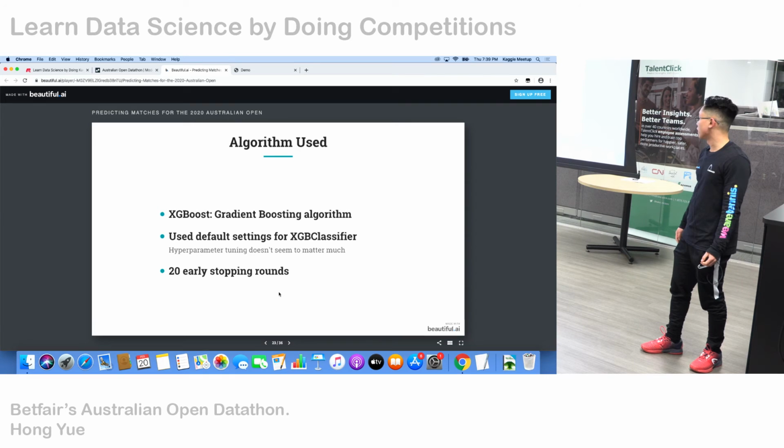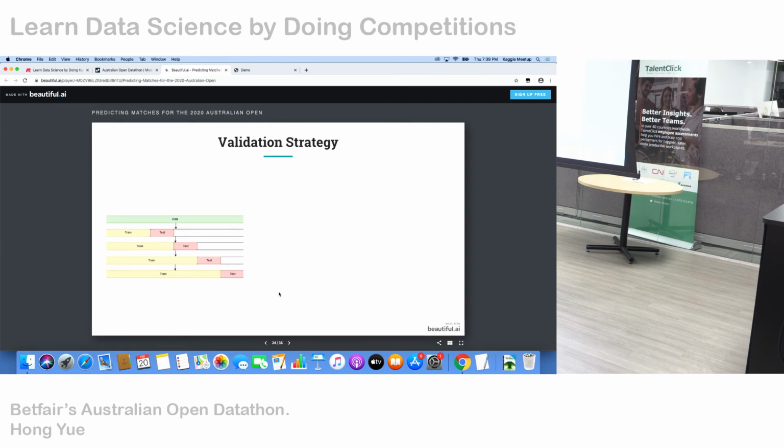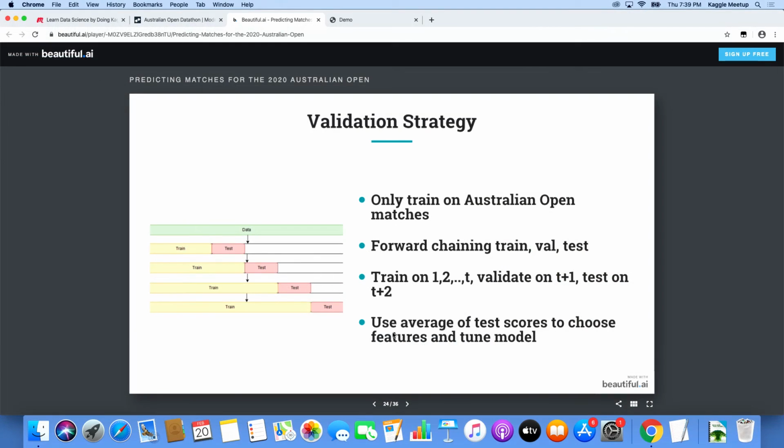I also used 20 rounds for early stopping. In terms of validation strategy, we are only going to train on the Australian Open matches. We'll aggregate statistics from the previous hard court matches, like in January, November, or December, or however far back it goes. But the actual observations we're going to use are the outcomes from the Australian Open only.